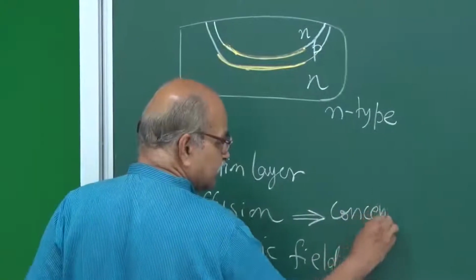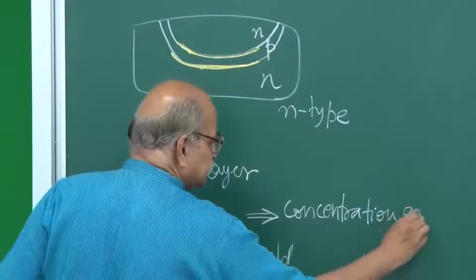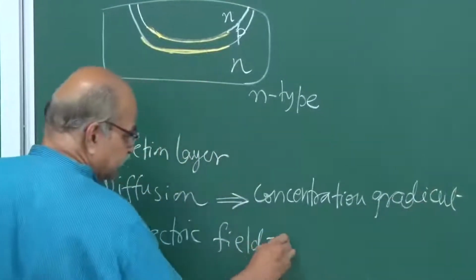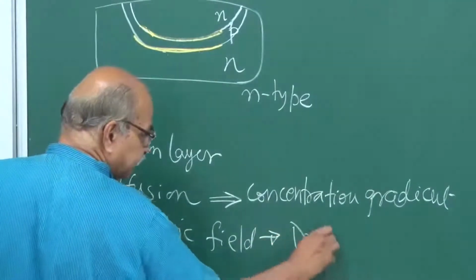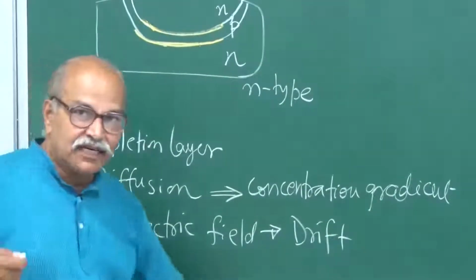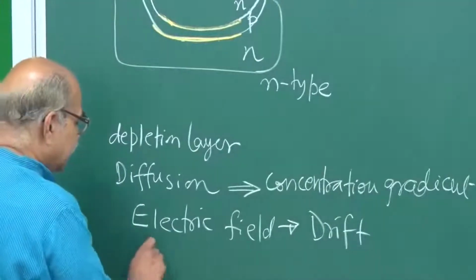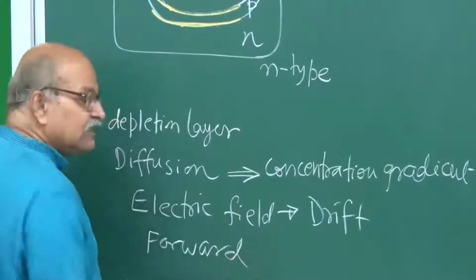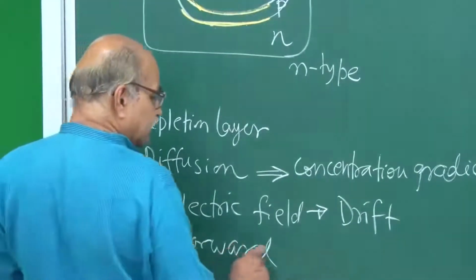All these things we have done. And the electric field will give rise to drift current. So, drift, minority carrier, majority carrier, injection, forward bias, reverse bias, everything is the same, and that's why I had said that if you understand Pn junction, you understand almost everything of semiconductor electronics.